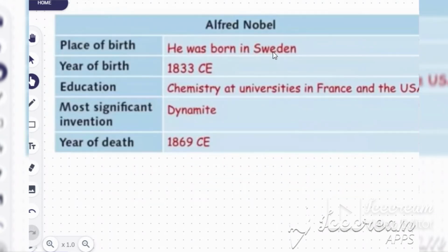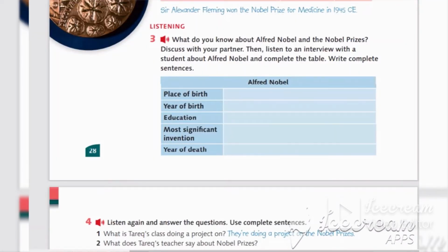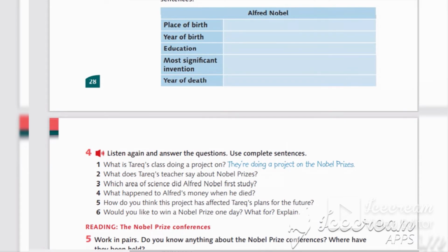He was born in Sweden, a Swede, in 1833. His education was chemistry at a university in France and in the USA. Most significant invention, أهم اختراع له, dynamite, and he died in 1869.